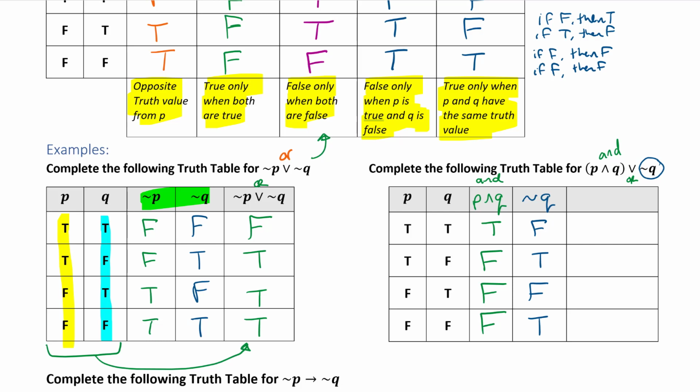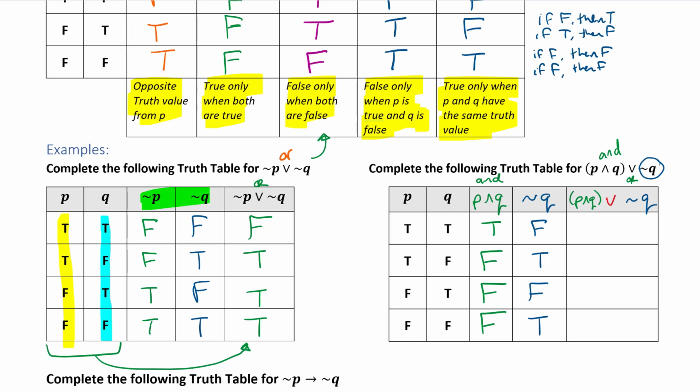Now I have to do the or, the disjunction. Okay, so I'm going to take my green column, P and Q, and I'm going to do the disjunction between the blue column, not Q, and that's going to get me my final answer. Okay, so I'm doing the disjunction. Now the disjunction is false only when both are false.